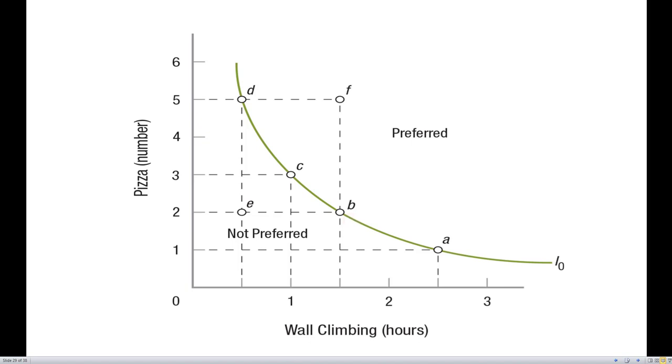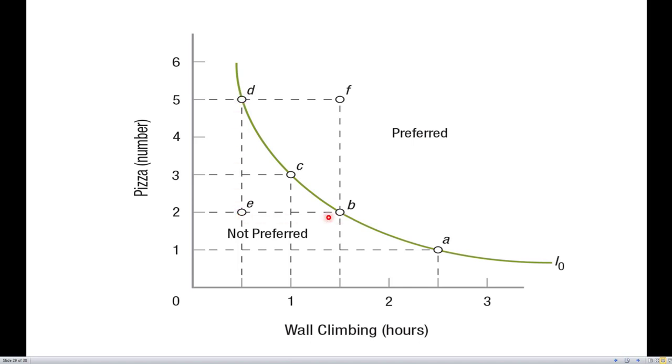So in economics, the more of a good you have, the more utility you are going to derive from it. At point E, you have 2 pizzas and half an hour of wall climbing. But at point D, you notice that, yes, you have the same amount of hours of wall climbing, but you have more pizzas. Because you have more pizzas and the same amount of wall climbing, combination D has to give you more utility.